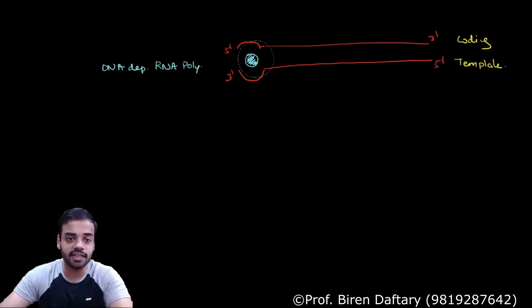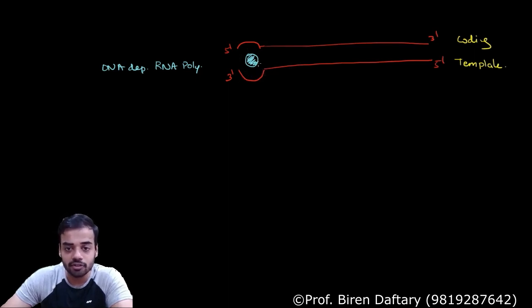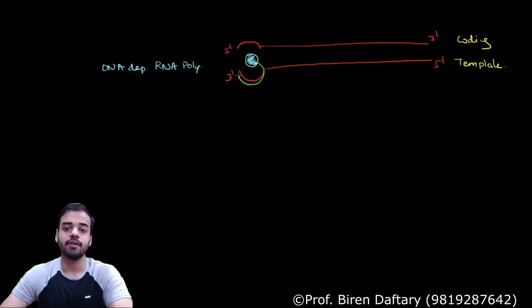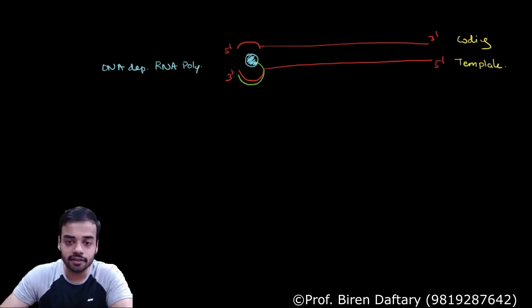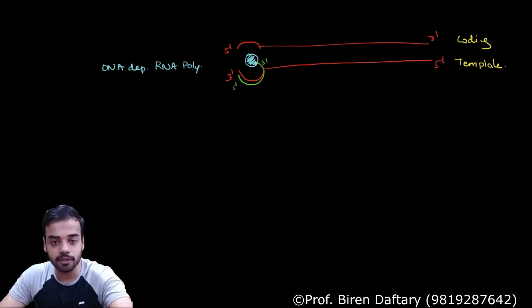So this enzyme will take them and start transcription, and these nucleotides will attach complementary to this strand. So it will be like this, correct? And the 5 prime end is going to be over here, 3 prime is going to be over here, correct? Then what is going to happen? So this is your step 1.